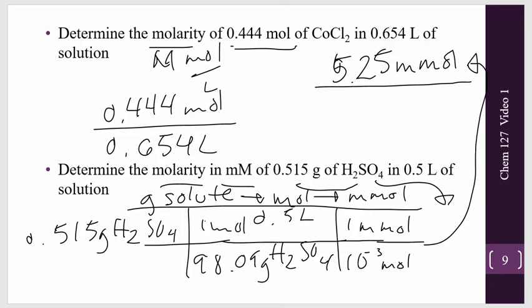So we know we have that many millimoles of our solute H2SO4 in a certain amount of solution, 0.5 liters. Then we can do this to give us the actual millimoles per liter, which ends up being 10.5 millimolar H2SO4.